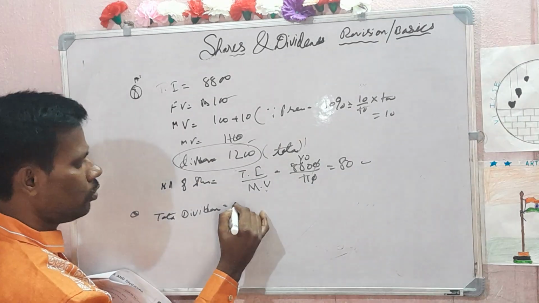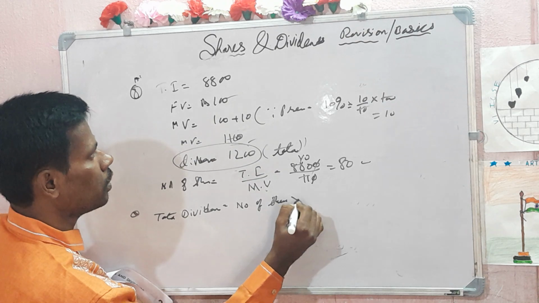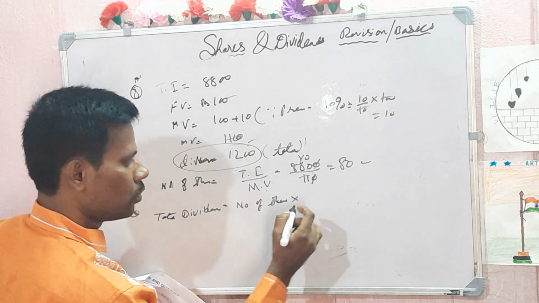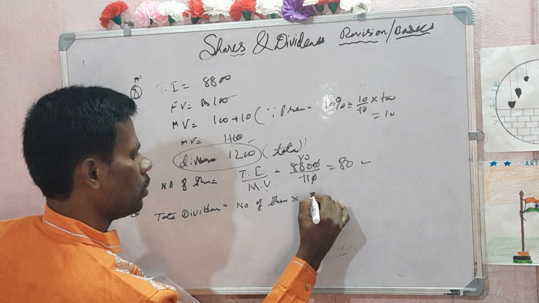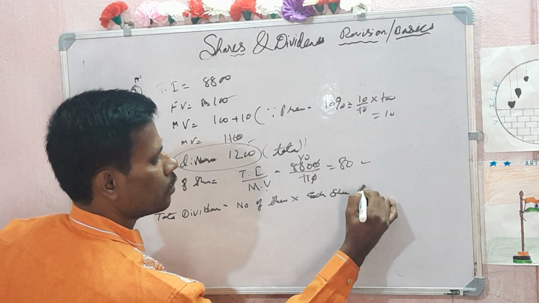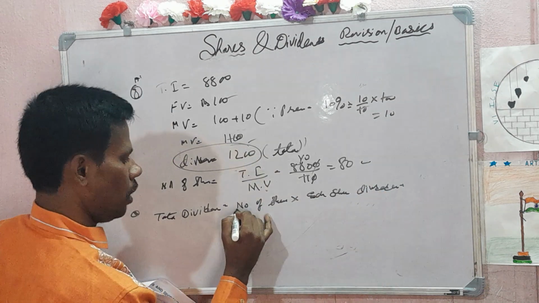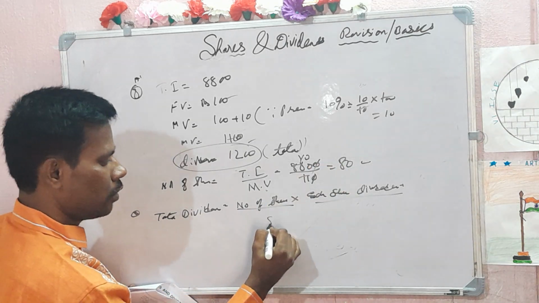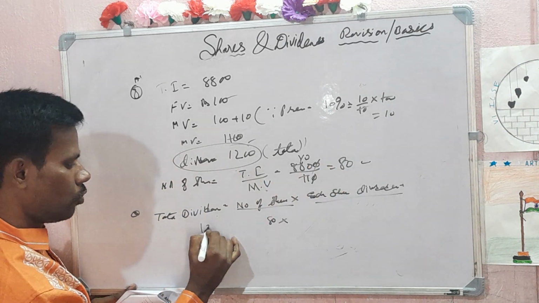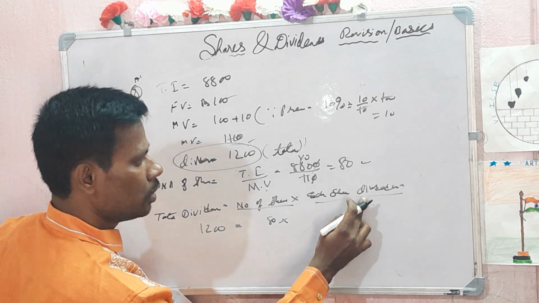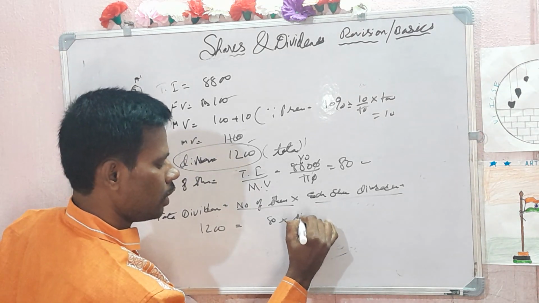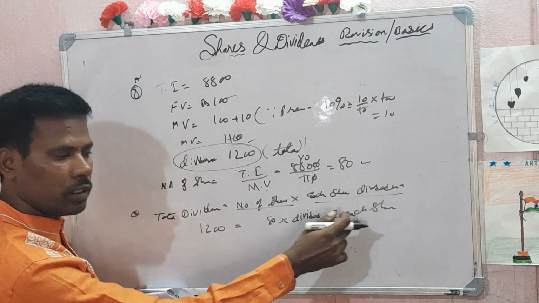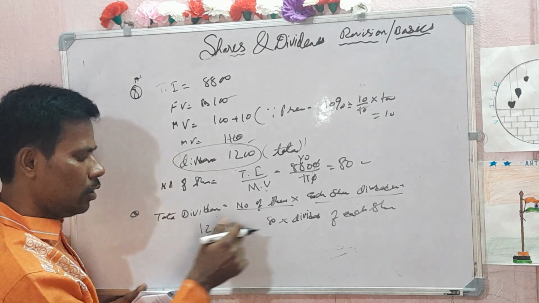Total dividend is equal to number of shares into each share dividend. Number of shares is 80, so 80 into dividend of each share is the total dividend, 1,200.